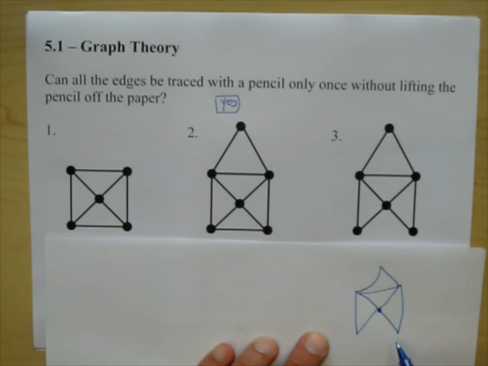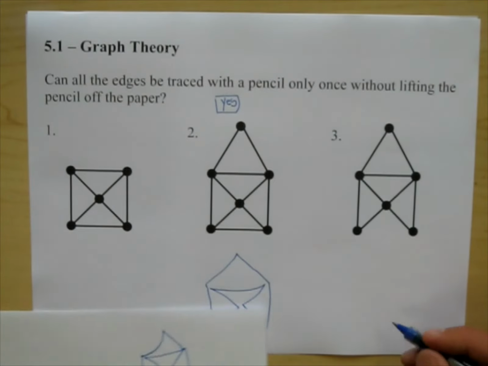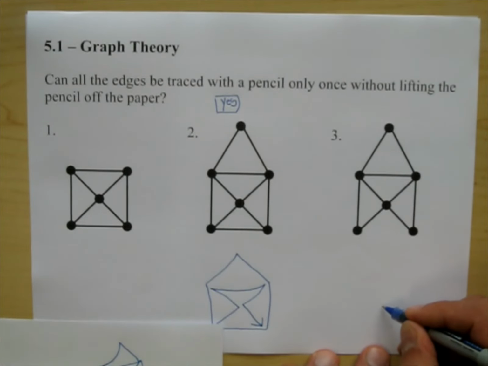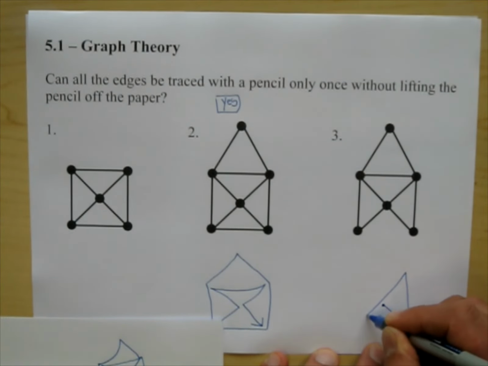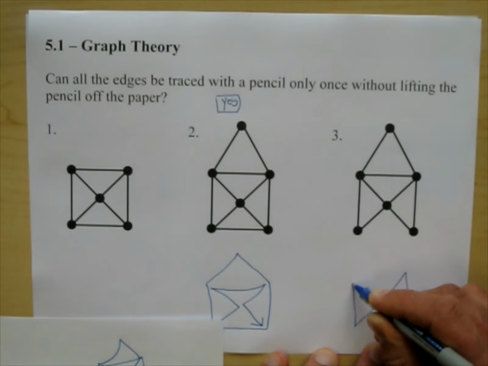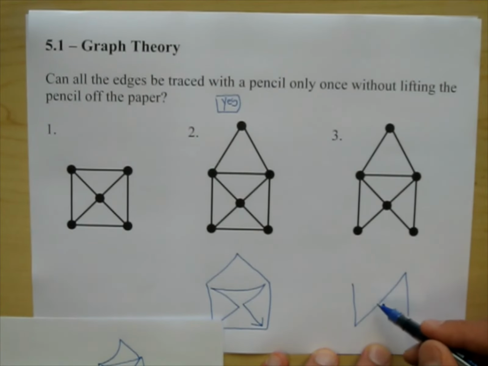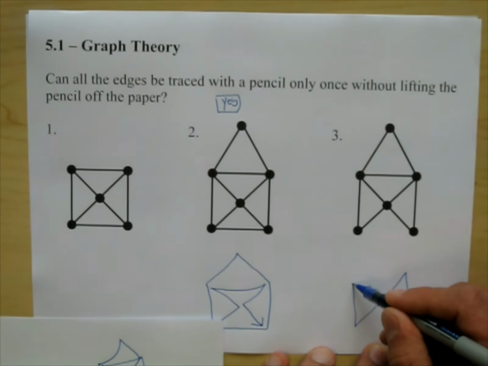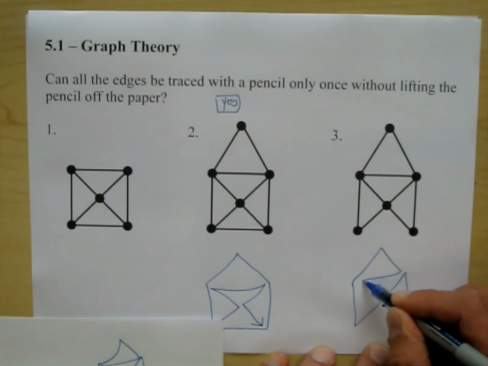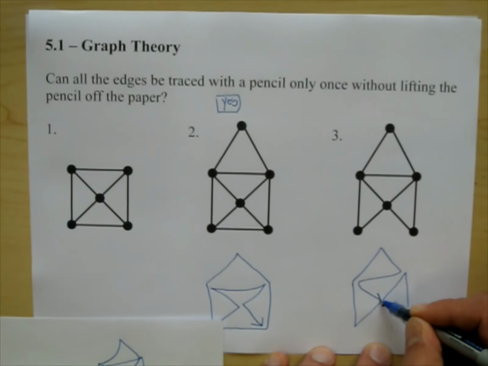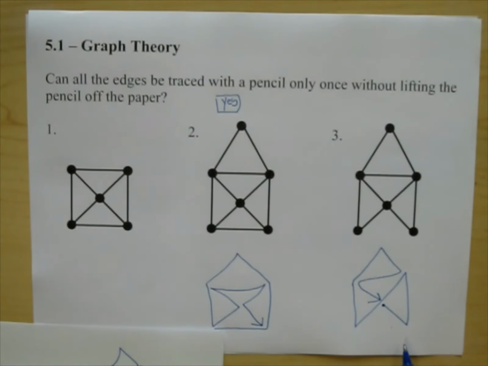Yes, so I did it. So what did I do? I'll trace it out here so you can see. I think I went around this triangle first, and then I don't think I went down there. I think I went up. In any case, that is the path that I took.